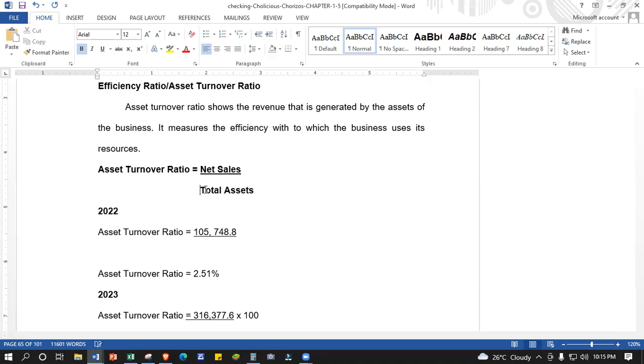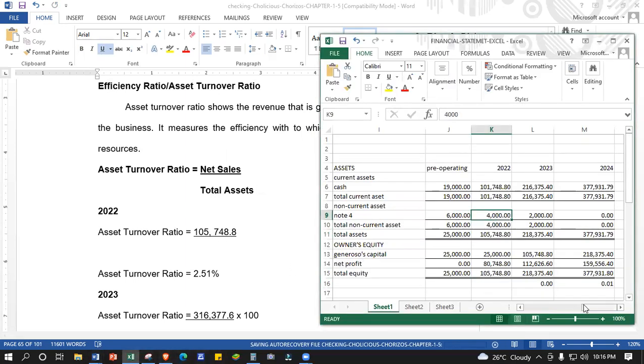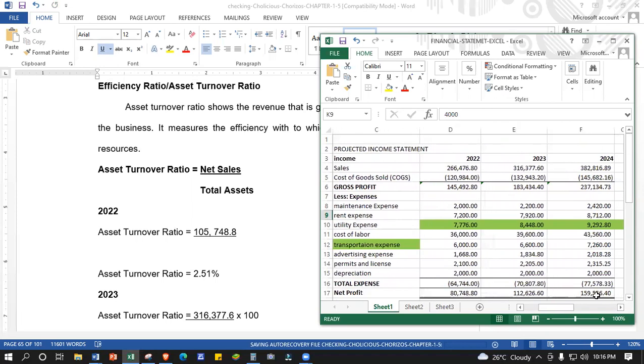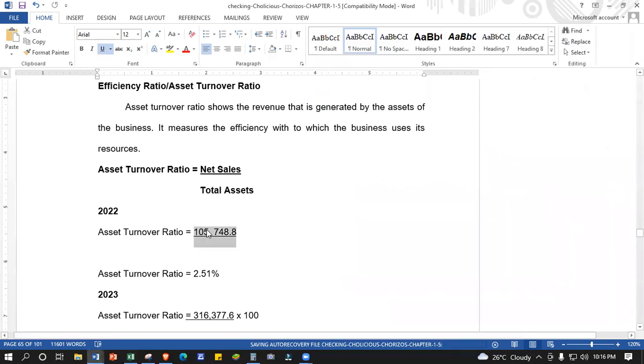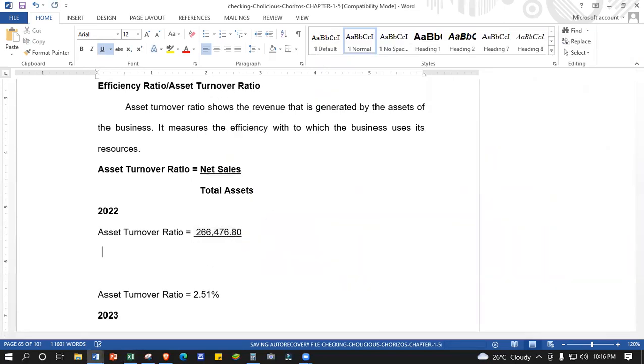Okay. So, for 2022, the sales for year 1 is 266 divided by 105.